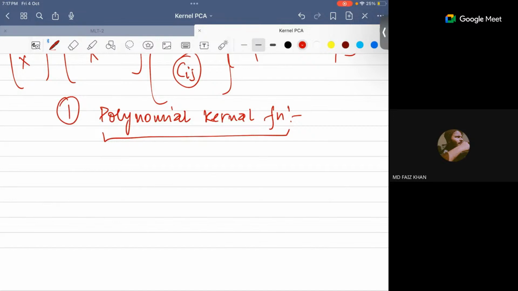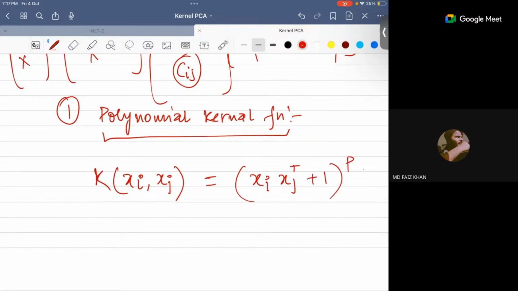You represent it like this: if you are giving some x and y, or maybe x transpose. You can just write any constant also here. There's no problem in that.